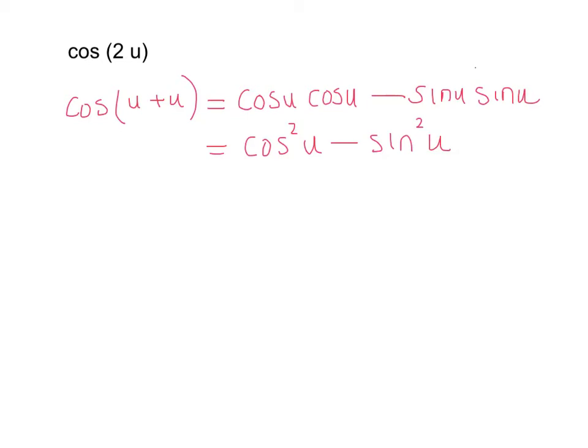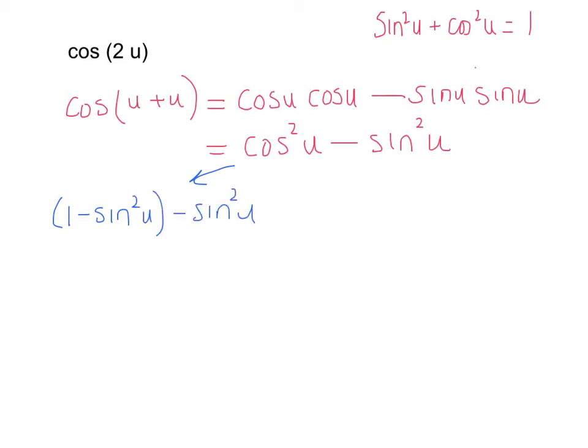So that's 1. Now, however, you can use the identity sine squared u plus cosine squared u equals 1 to write these in a little bit different form. For instance, I could substitute 1 minus sine squared u for the cosine squared, and this would be 1 minus 2 sine squared u. So this would be another formula that you could use.